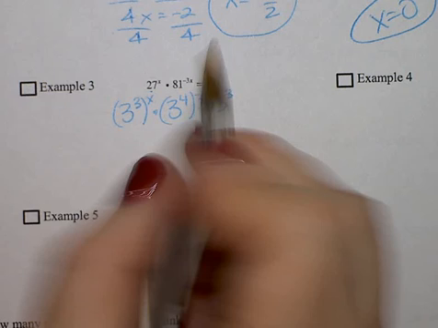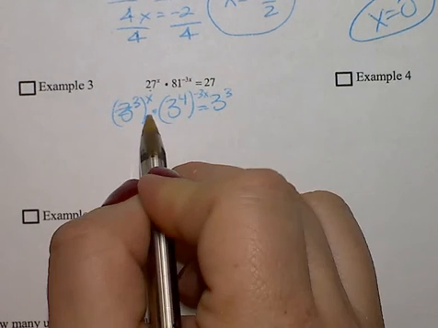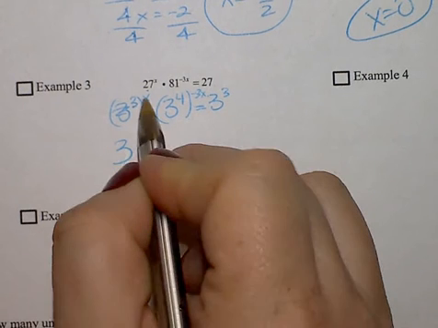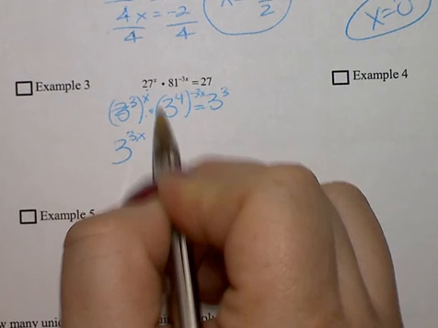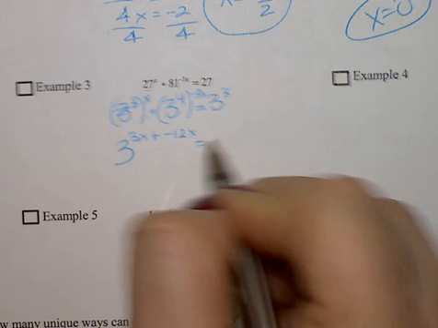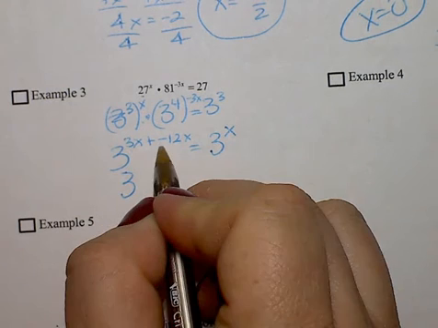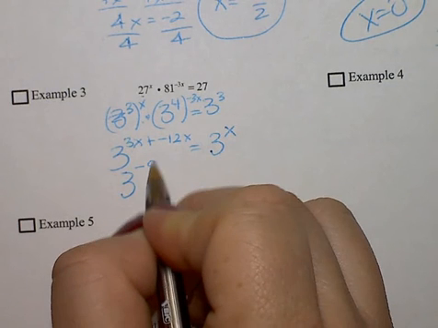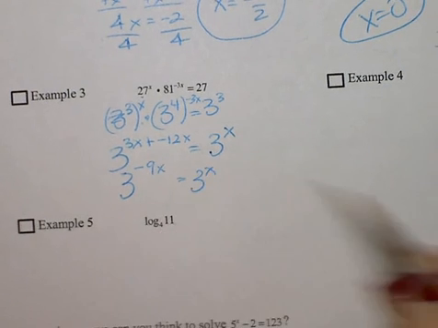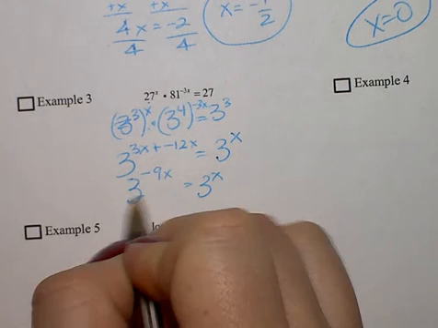So the bases are all the same. But realize when you have the same base and you're multiplying, you keep the base and you add the exponents. 3x plus negative 12x is negative 9x. Bases are the same. Now we cancel them out.